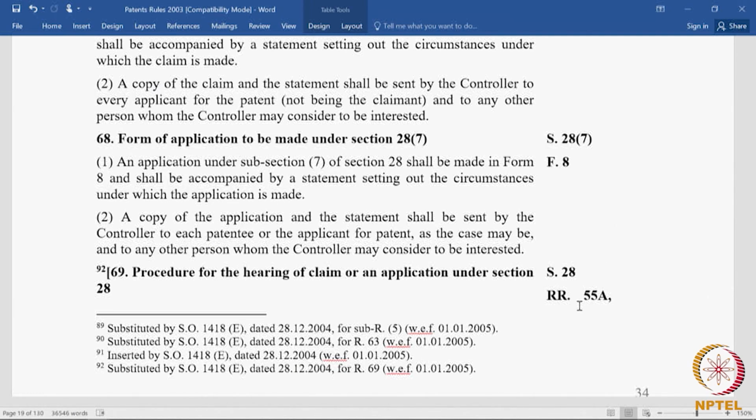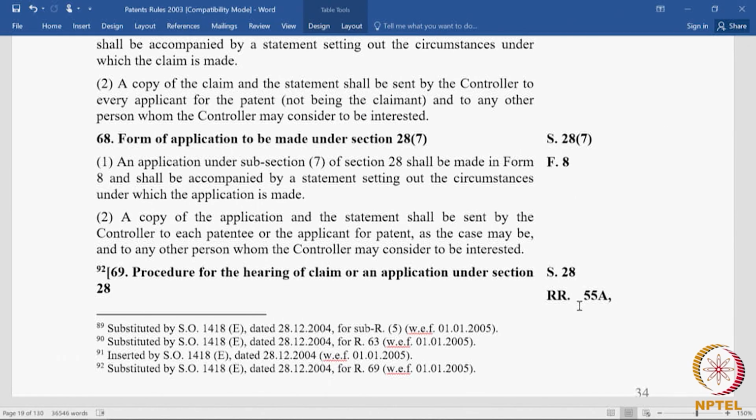By rectification we mean something else is on record and you want to correct that. So, this certificate operates like a rectification procedure, and if you compare the language of 28(7) with section 71, which is rectification of the register, this proceeding will also result in the rectification of the register, because eventually the controller will have to rectify the specification and the register.